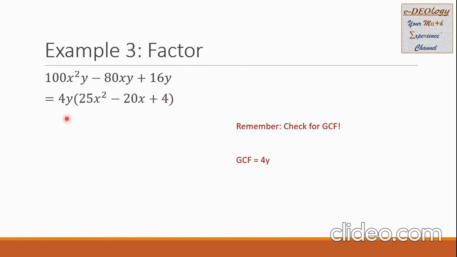So I will factor out the GCF, and for the first term, when I remove the GCF, what remains is the 25x squared. For the second term, what remains is the negative 20x. For the third term, what remains is 4. So it means to say, I have now a new problem here: 4y times a trinomial 25x squared minus 20x plus 4.